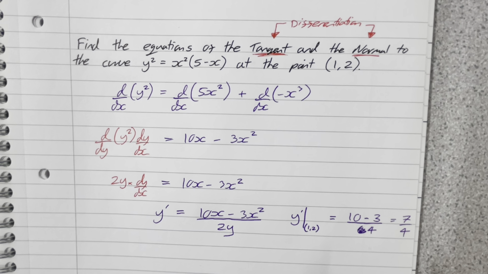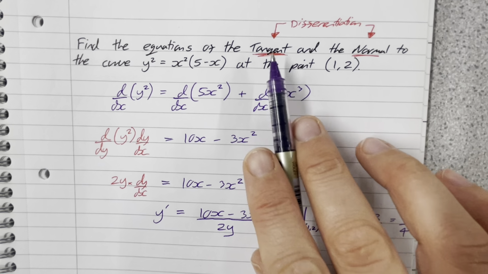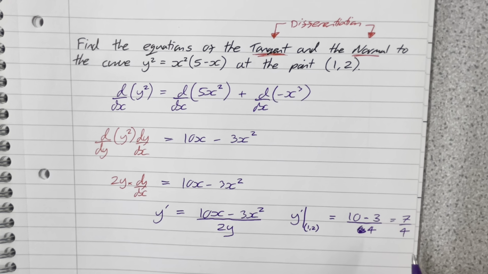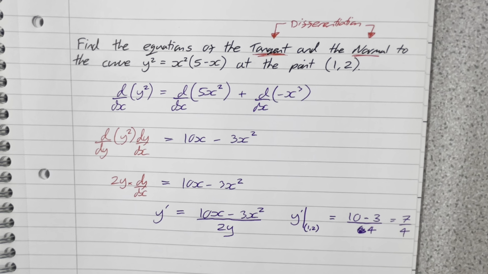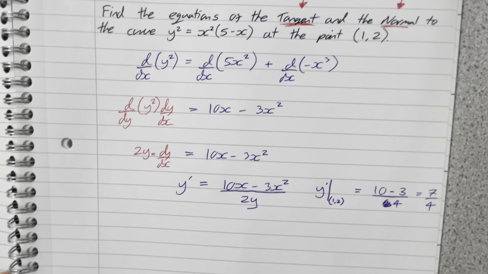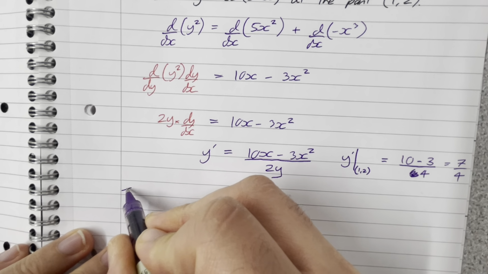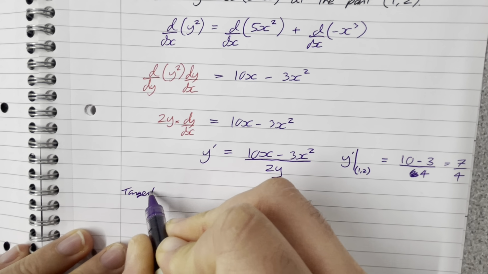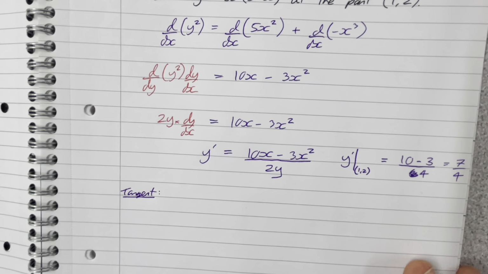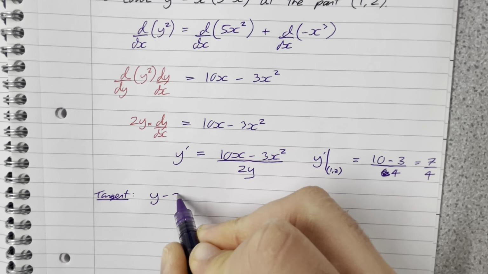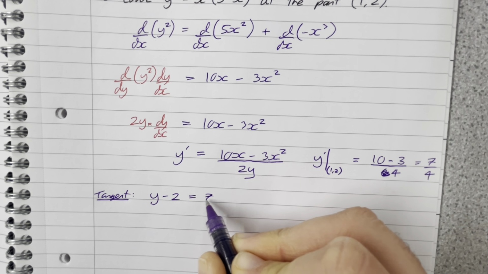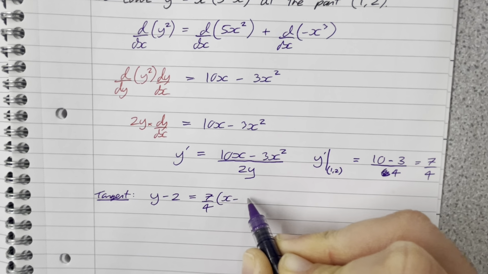So I just need to find the equation of the linear line that has that gradient and goes through that point. Now that would be my tangent. And then I need to find the equation of the linear line that has the negative reciprocal gradient of that and goes through that point. And that will be the normal. So let's do each of those separately. Let's have a look at the tangent. We wanted to go through the point 1, 2. So y minus 2 is going to equal m times x minus x1.